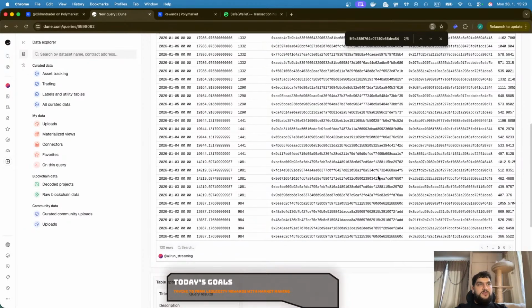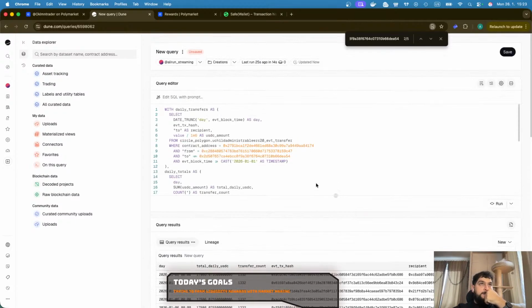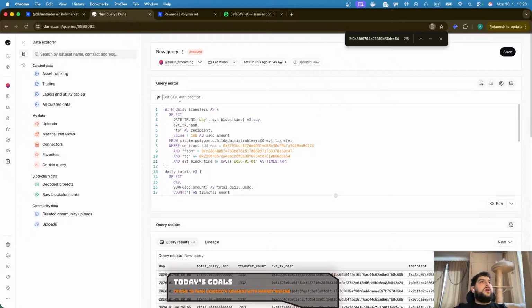Okay, so now payouts actually look the same. I bet there are other addresses here as well. But yeah. By the way, can we? Yeah, we can. Oh, nice. This one works awesome.